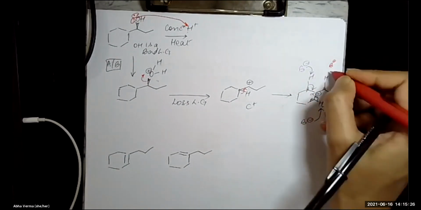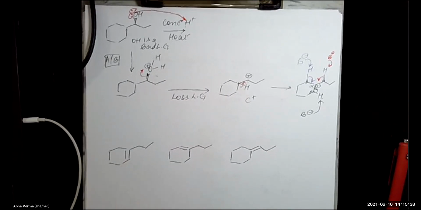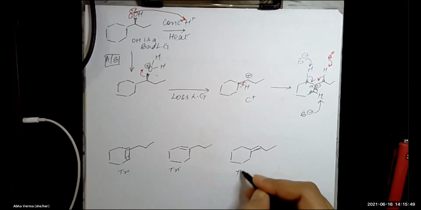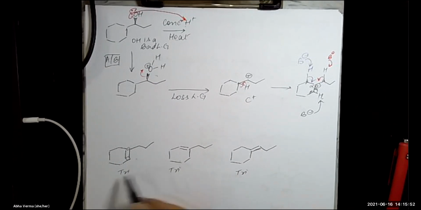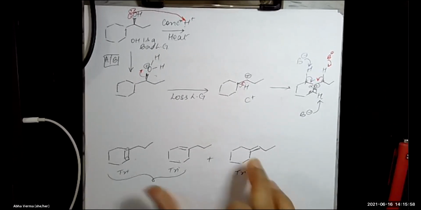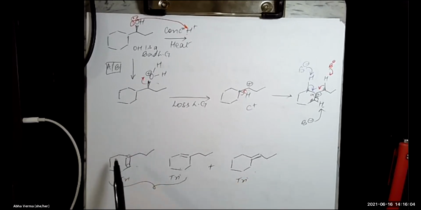If my base comes and chooses this hydrogen, then this product will form. And all of them are tri-substituted alkenes. Both of these are exactly the same compounds. So both of these products are possible.